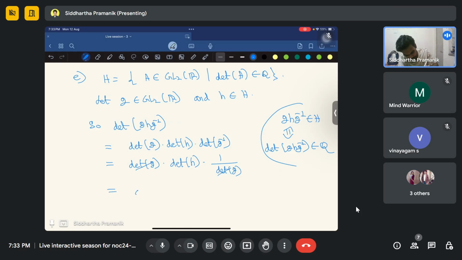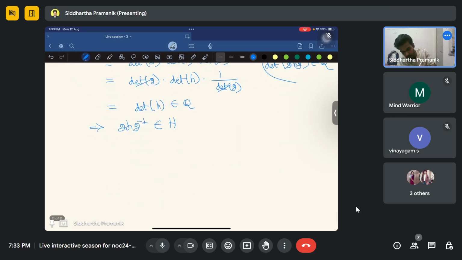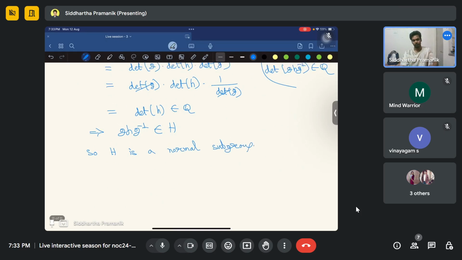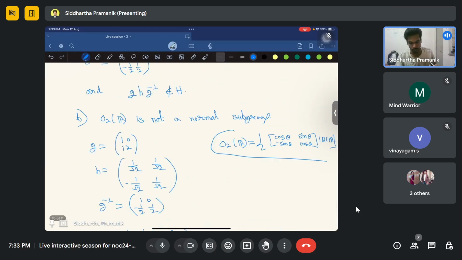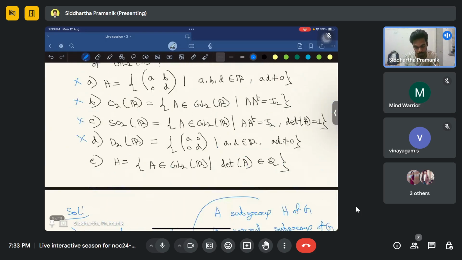So this is the same as determinant of h, and this is a rational number. So this implies G h G inverse is in H. Hence H is a normal subgroup.